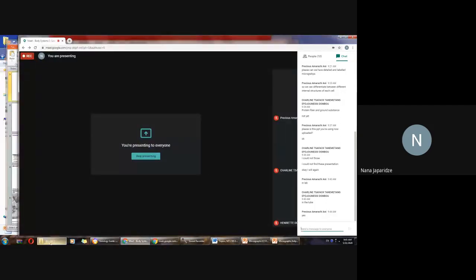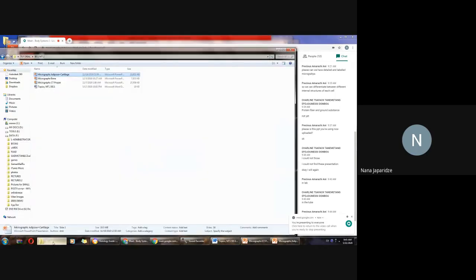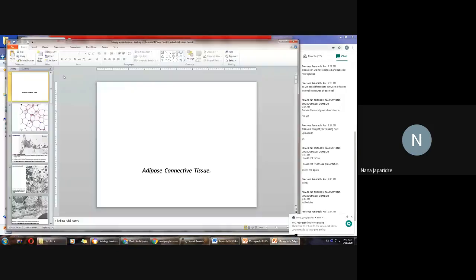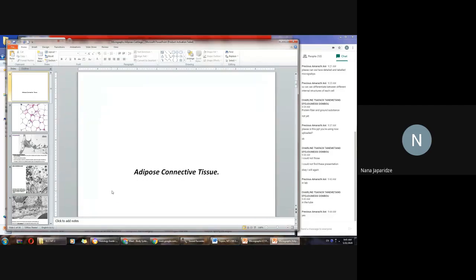Look, another type of cells, another type of tissue, first of all, adipose connective tissue.